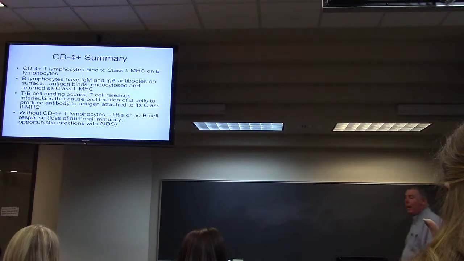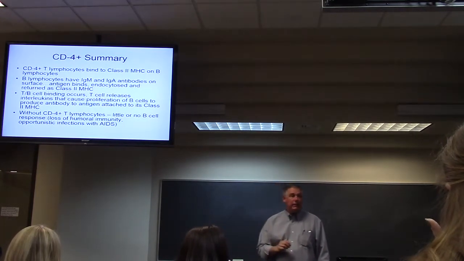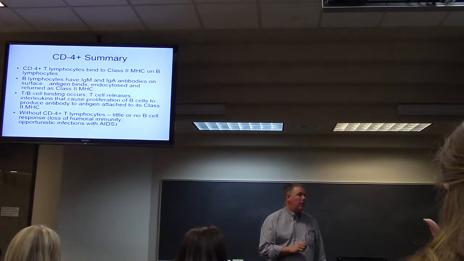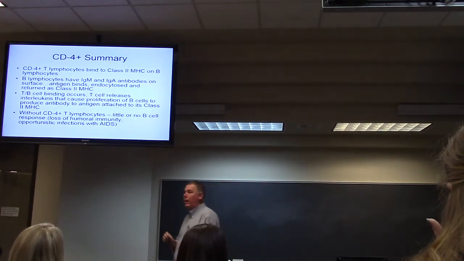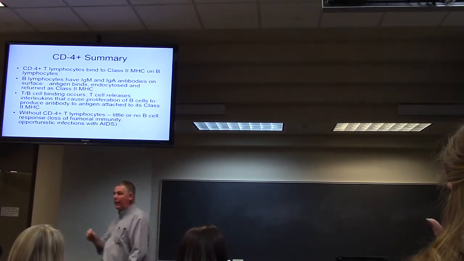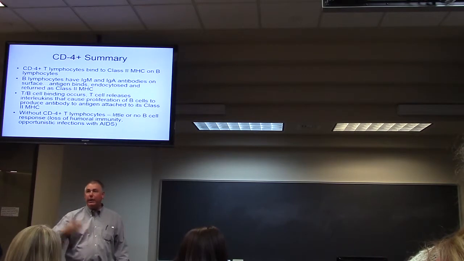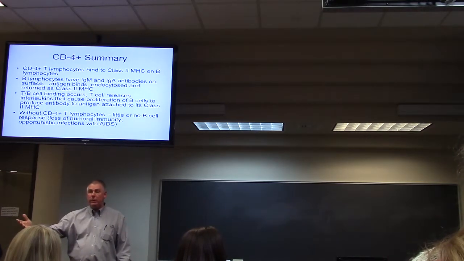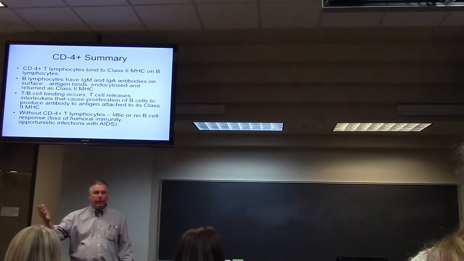Where do you find class 2 MHCs? On B lymphocytes. What do B lymphocytes do? When they're activated, they turn into plasma cells that churn out immunoglobulin against some antigen. That's in a subsequent slide, so if you didn't get it, you'll get it there.